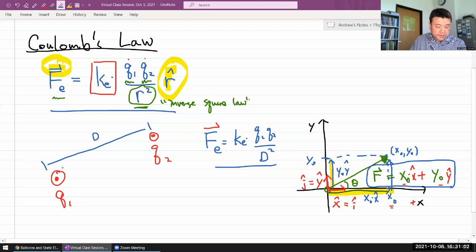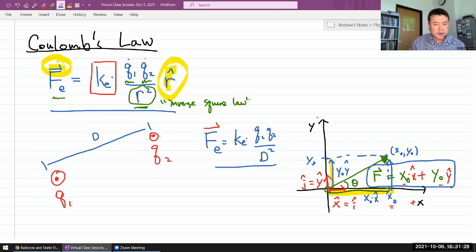So these charges, I deliberately drew them in a kind of tilted way because if I just drew them horizontally or vertically, then they would fit nicely into one of these axes and I wouldn't have to do anything extra. So now they are in some arbitrary rotation so that I have something that's meant to be generally applicable.